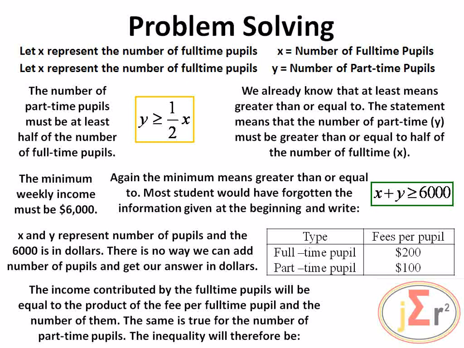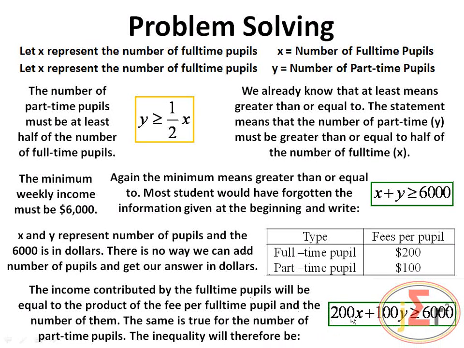The number of part-time pupils is equal to Y, so we take Y and multiply by the fee for each part-time pupil, which is 100. And we take X, the number of full-time pupils, and multiply that by the amount for each full-time pupil.